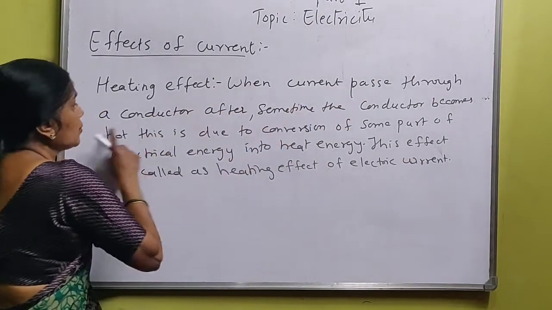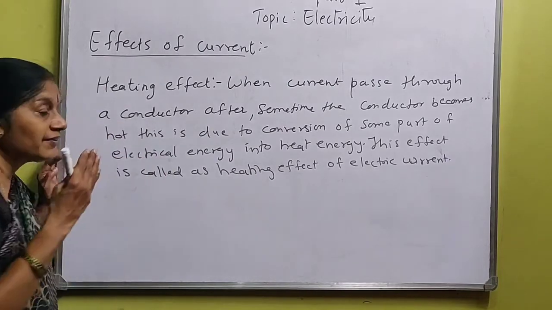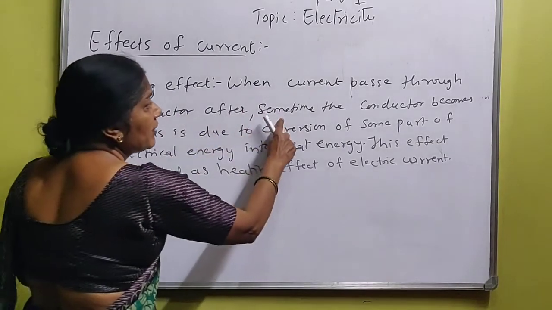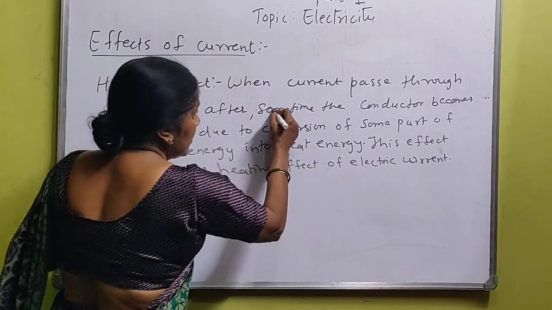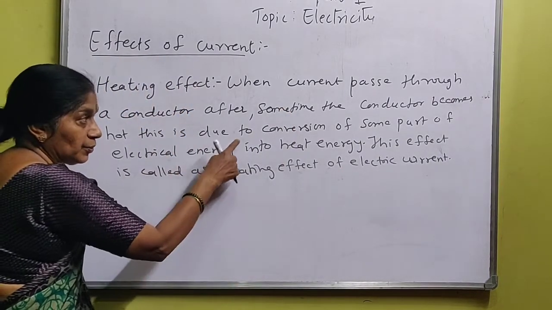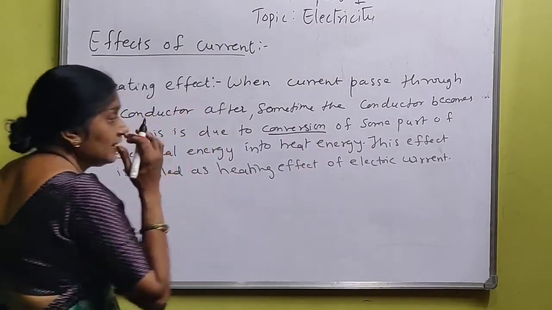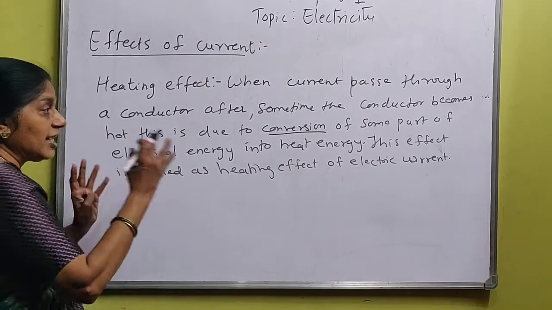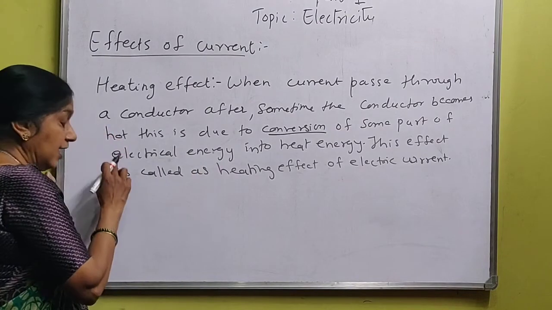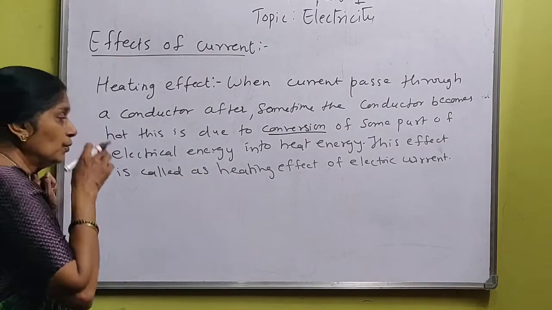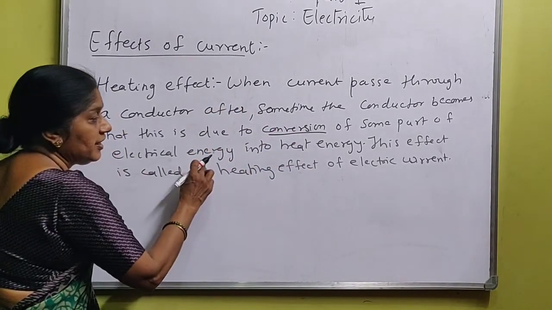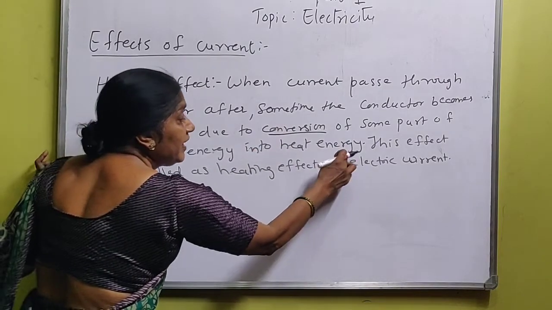When current passes through a conductor or through any electrical appliance, when current is passing continuously, after some time the electrical appliance or conductor becomes hot. What is the reason? This is due to conversion of some part of electrical energy. The electrical energy which is flowing through the device or through the conductor, some part of this electrical energy gets converted into heat energy.